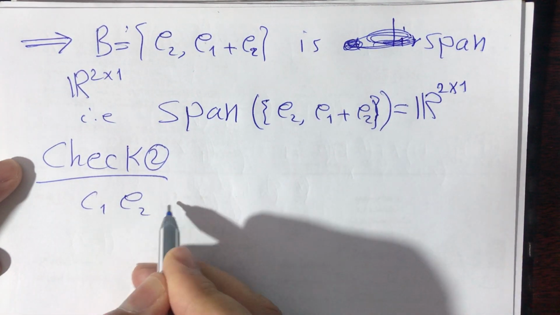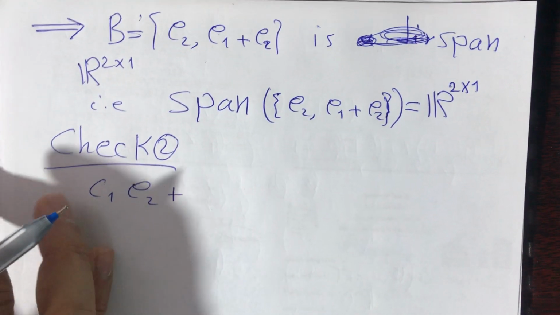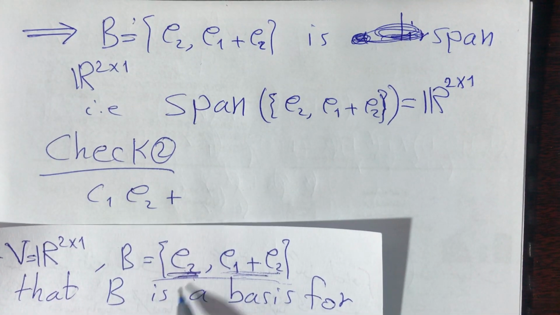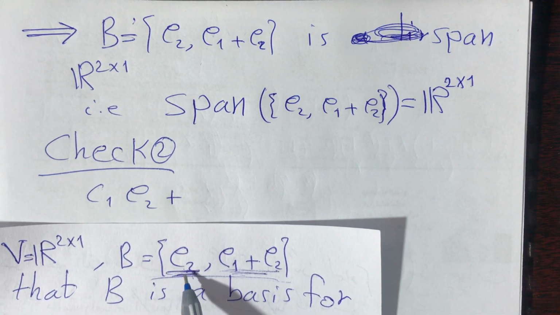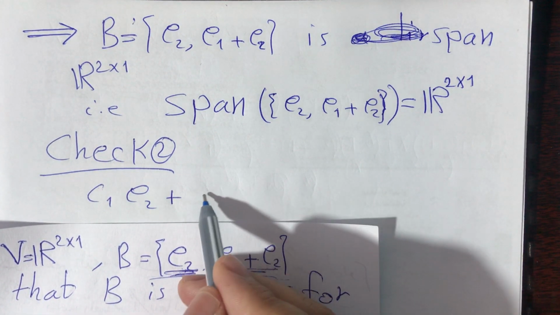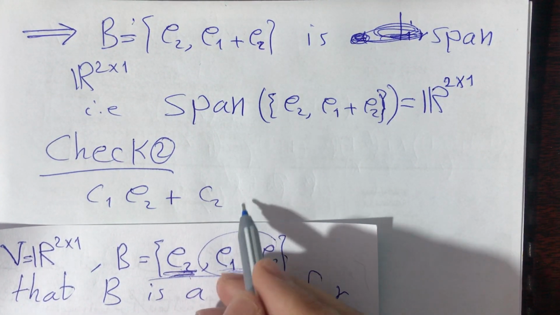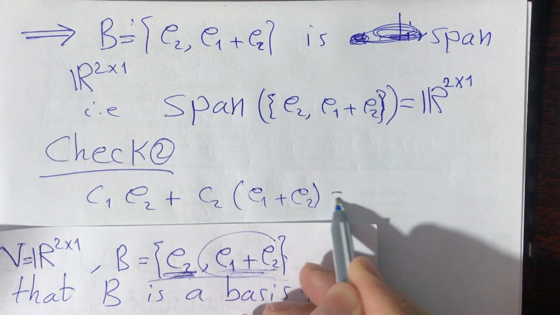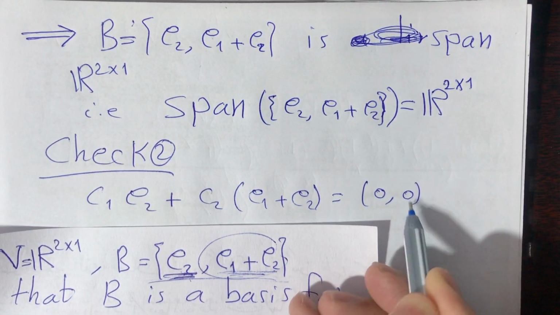How can I do that? C1 times the first element E2, plus C2 times the second element E1 plus E2, make equality with 0. This is in R2 times 1.